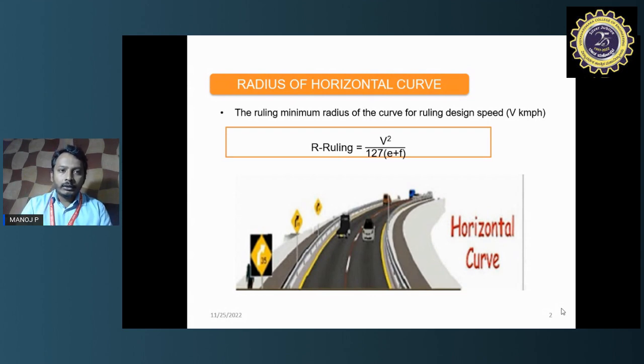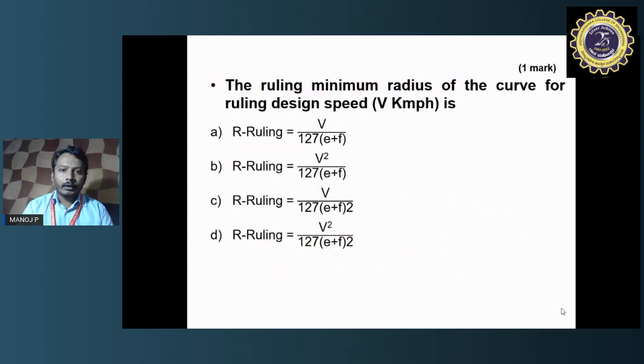The equation derived for the radius of horizontal curve is capital V square divided by 127 (E plus F). Capital V is the speed in kilometer per hour, E is the super elevation and F is the coefficient of friction. F is the lateral coefficient of friction.